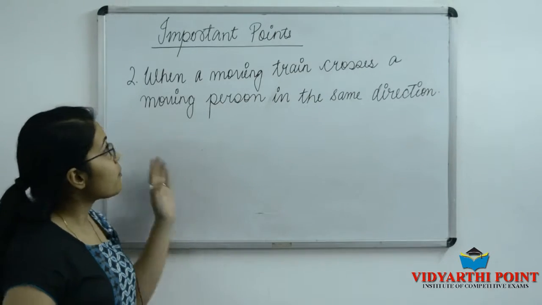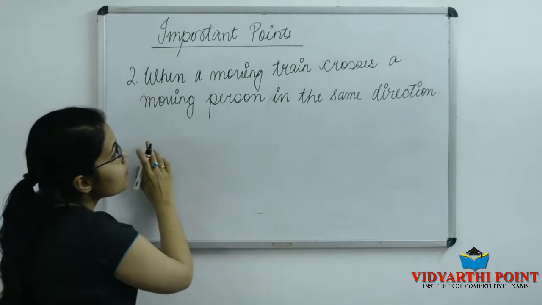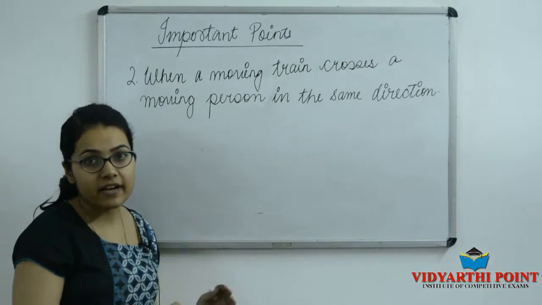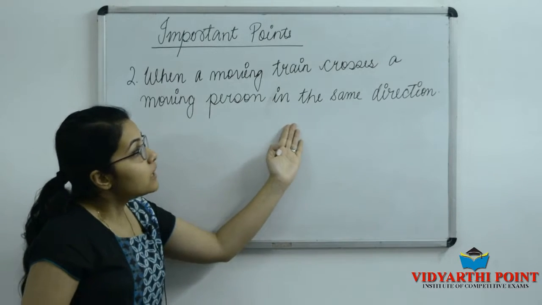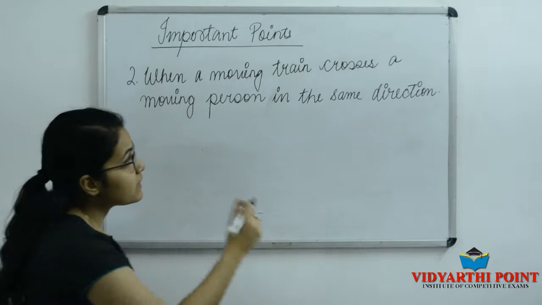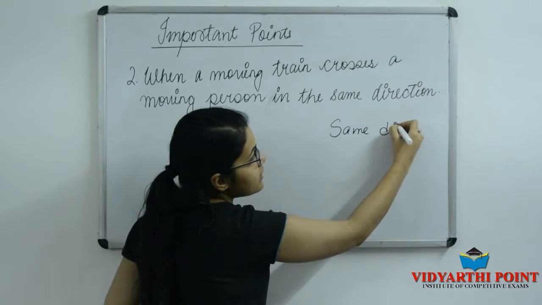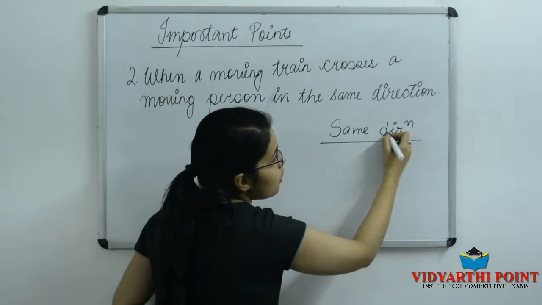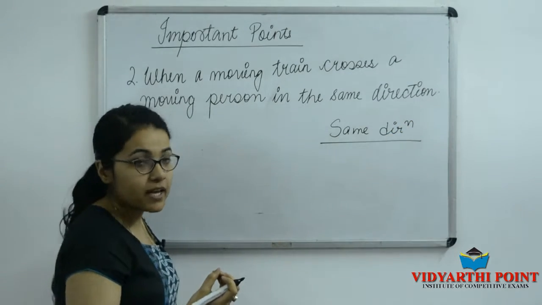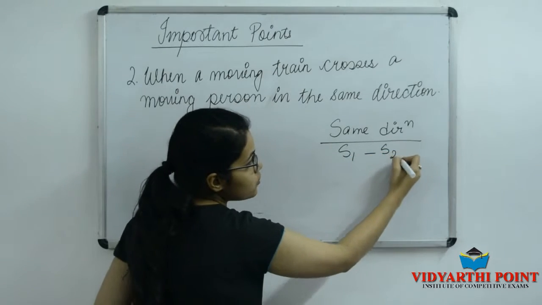Now let us look at point number 2. When a moving train crosses a moving person in the same direction, here the direction is given, so we have to think of the relative speed. Since the direction is the same, the speed is S1 minus S2.